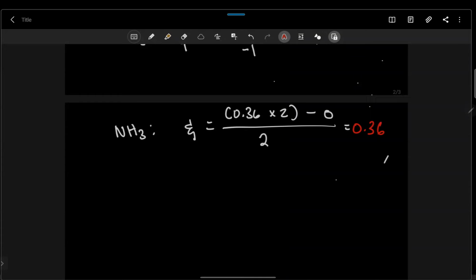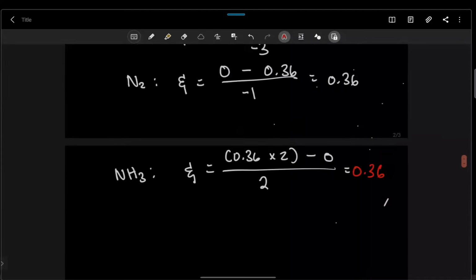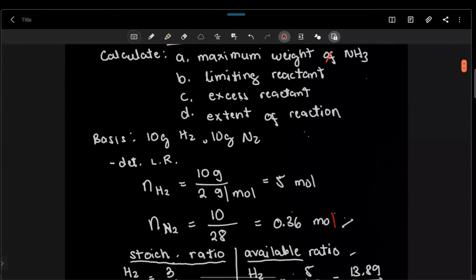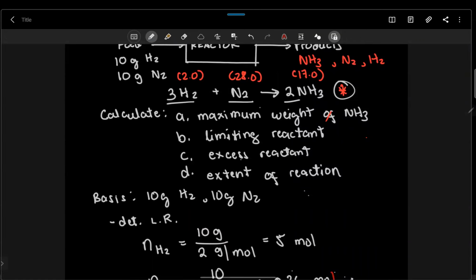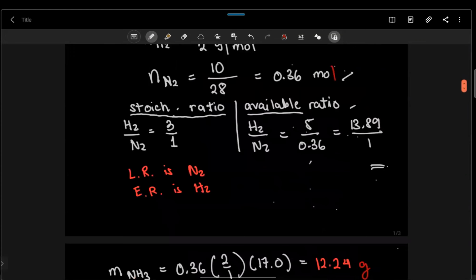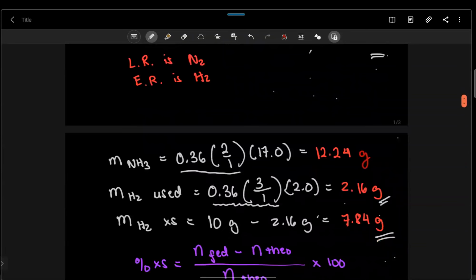Okay. Now, again, the assumption here is that the reaction is 100% complete. So I kind of forgot na isulat yun, no? Dapat nilagay ko dito 100% completion. Okay. So kapag 100% completion, ibig sabihin yung limiting reactant natin walang matitira, ubos, right? And it turns out na if you take a look, yung ating extent of reaction is 0.36, di ba?